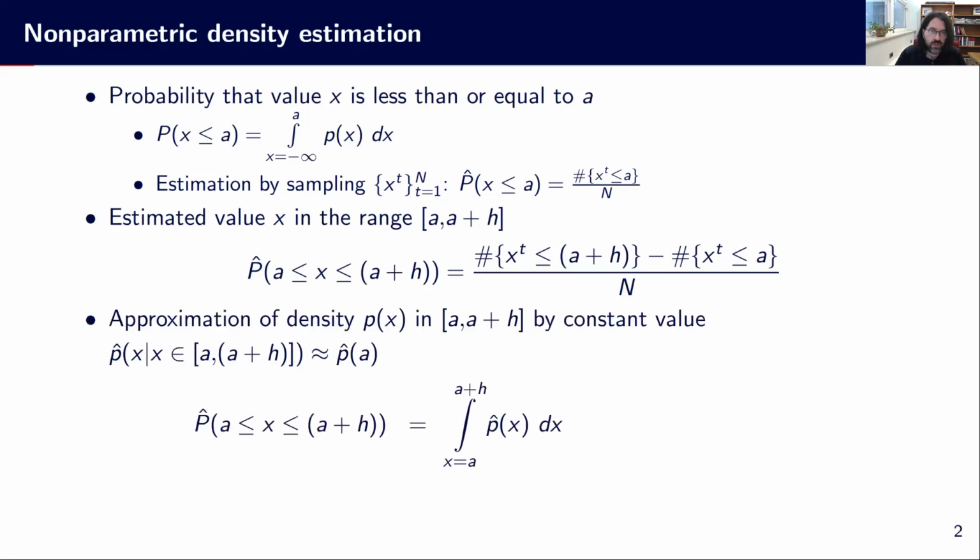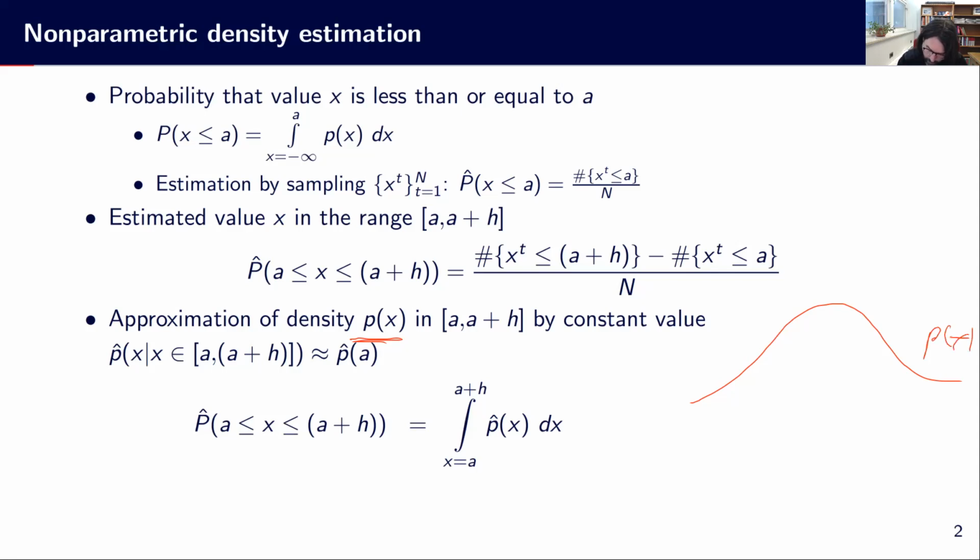So we can then approximate the density. We can say our continuous density can be estimated by a constant value. We know maybe in practice that we have something that looks more or less like a Gaussian, but let's assume that we don't really know what the real distribution is. So this is the p(x).